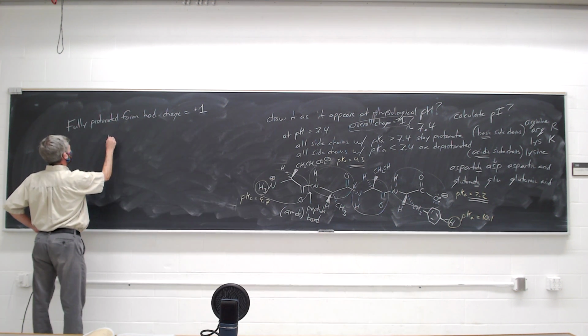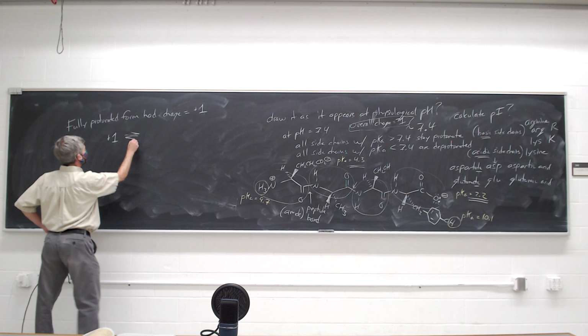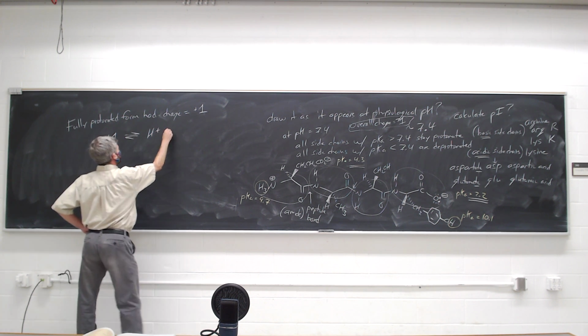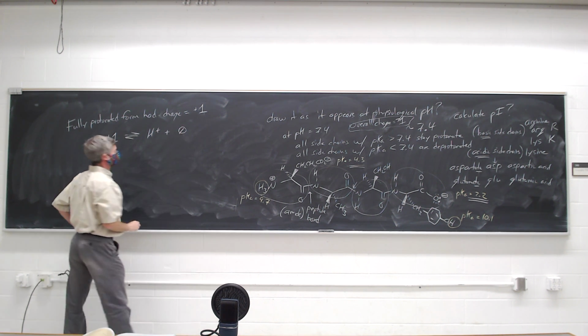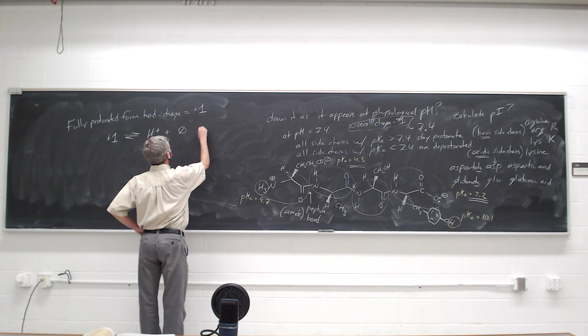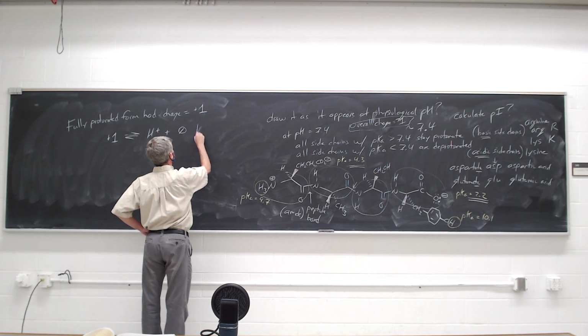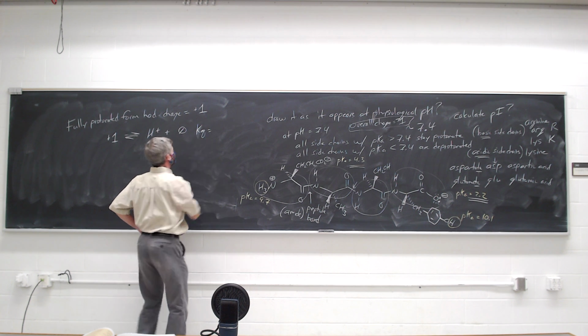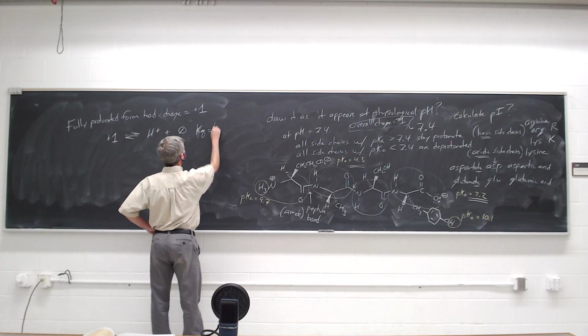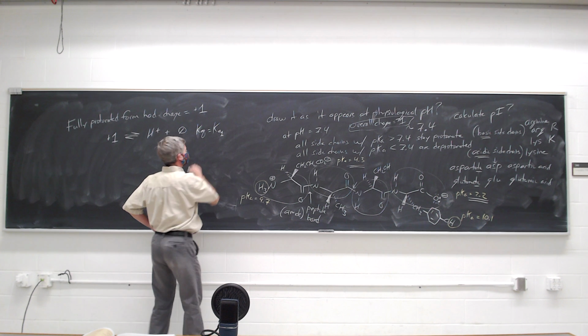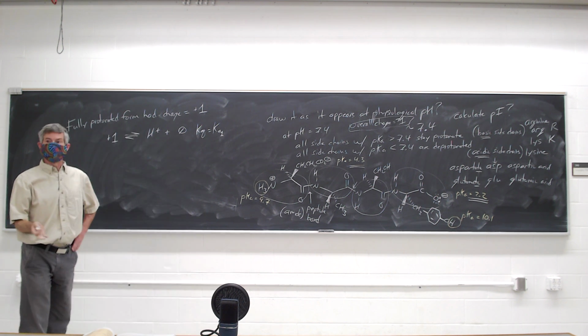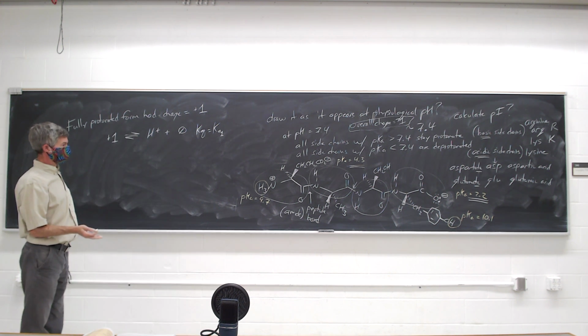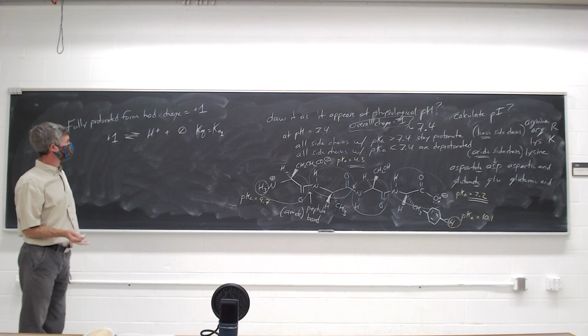I'm going to say that the +1 species is in equilibrium with the hydrogen and the neutral species, and the KEQ for that is equal to Ka1, and that's the lowest Ka of the ones in the molecule.